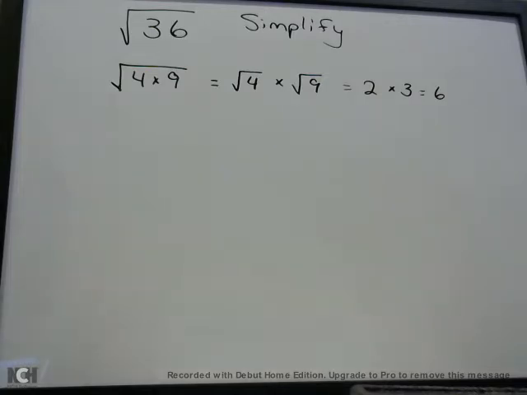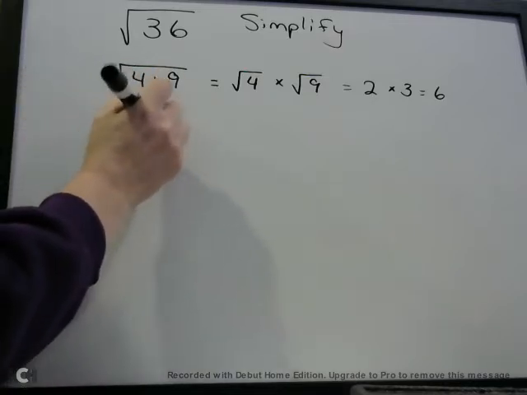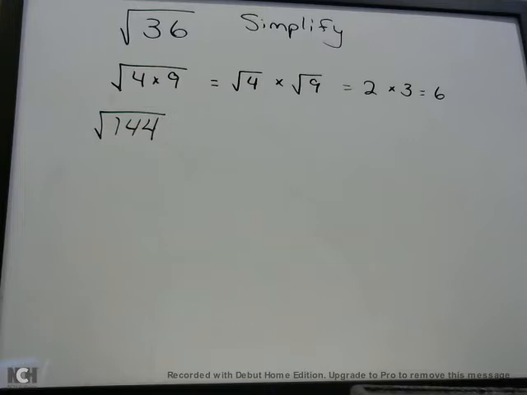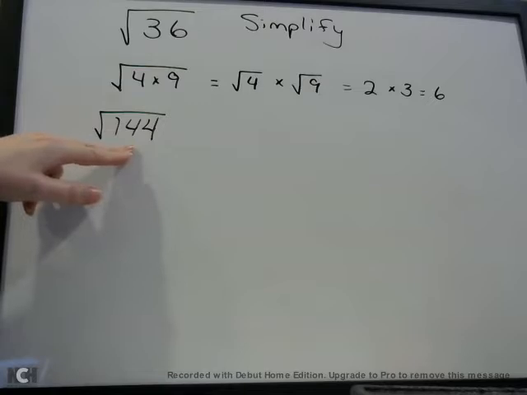So let's try one that's a little bit more complicated. 144. Now we may not know offhand what the square root of 144 is, but the other video that you want to watch is the video on divisibility, because we can start to think about, well, what can I write this as so I can break it down?